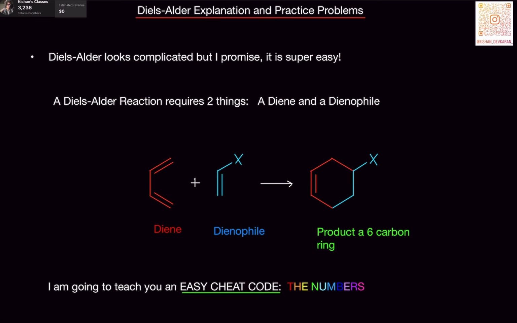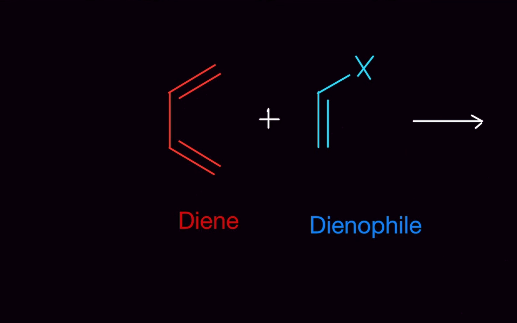A Diels-Alder reaction, also known as a love-making reaction, because you'll see why, requires 2 things: a diene and a dienophile. A diene is basically a carbon compound that has 2 double bonds. So you can see here we have a 4 carbon compound with 2 double bonds.